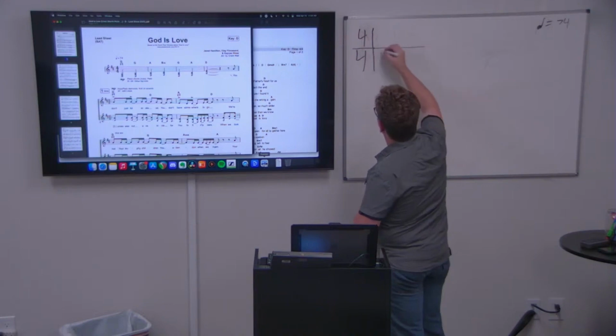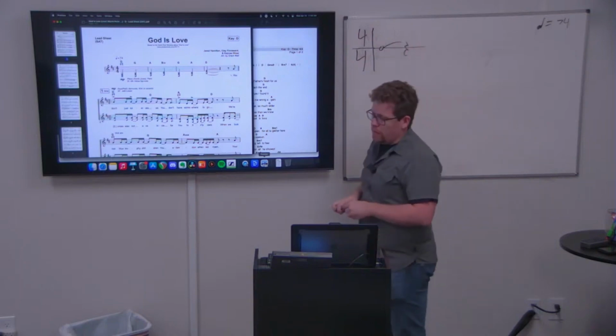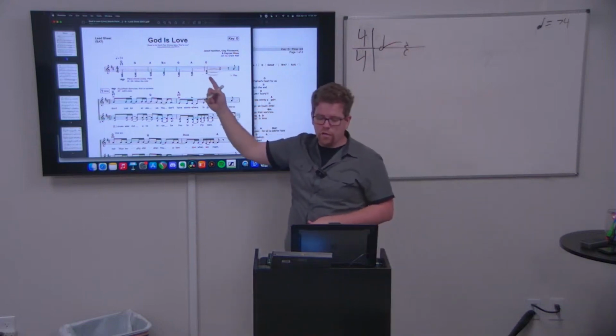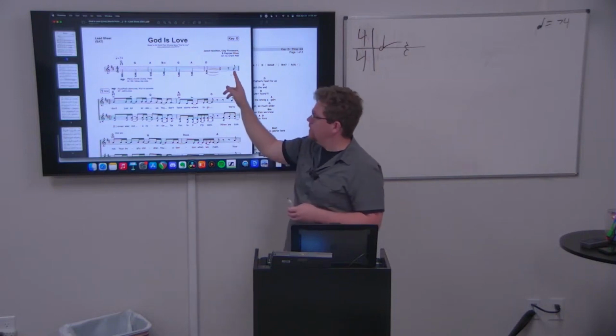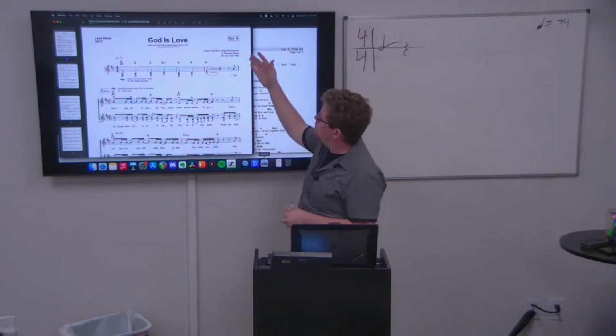It has a half note in it that is actually tied to a rest, and that's because at this point of the song, this is denoting things like instruments and other things, and then this note here is actually talking about the vocals. This is called a lead sheet.